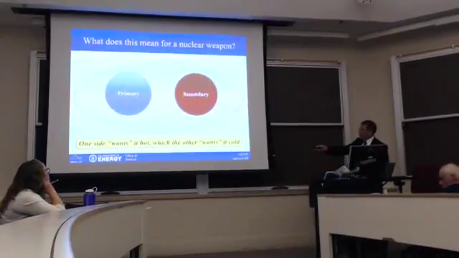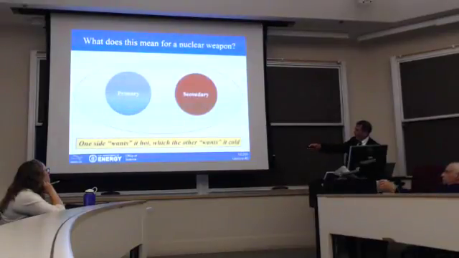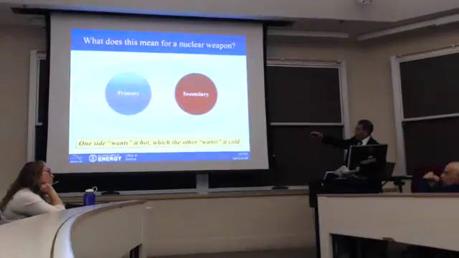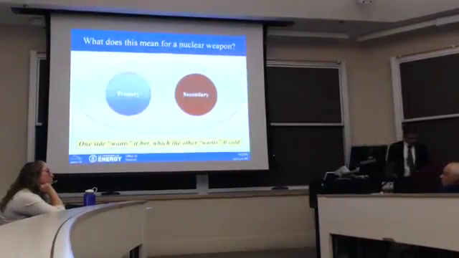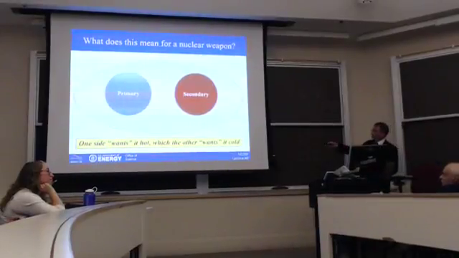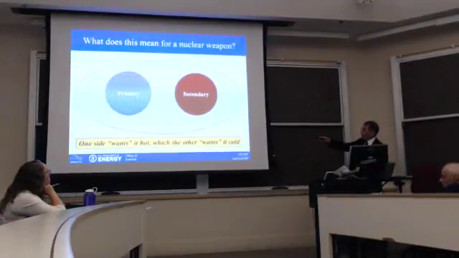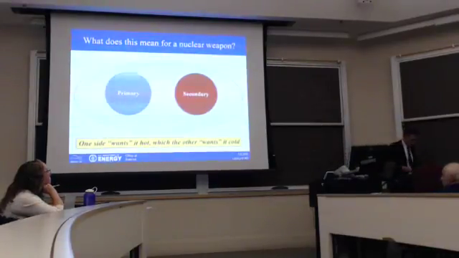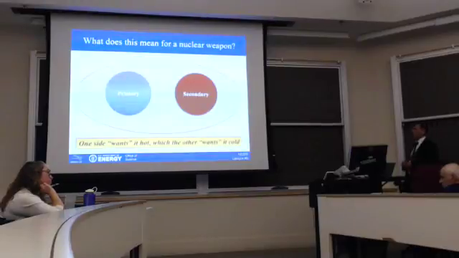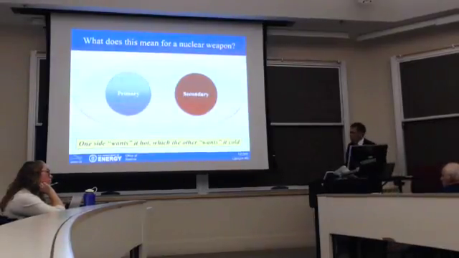The primary works on the principle of fission. The secondary works largely on the principle of fusion energy release. Although the fast neutrons coming out of here are designed to pelt usually a large tamper of uranium, such that you also get a lot of additional fission energy out as well.